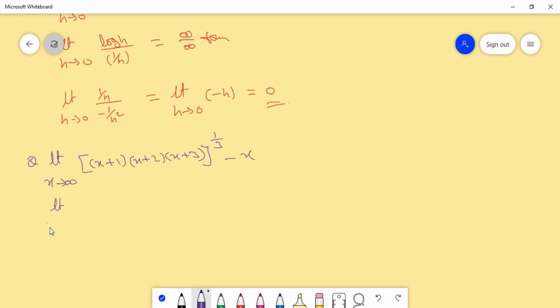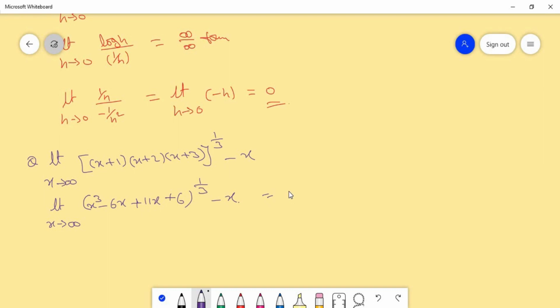Limit x tends to infinity. Here multiply these 3, then we get x cube plus 6x square plus 11x plus 6 whole power 1 by 3 minus x.